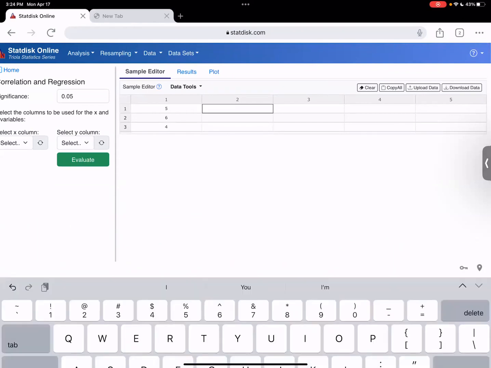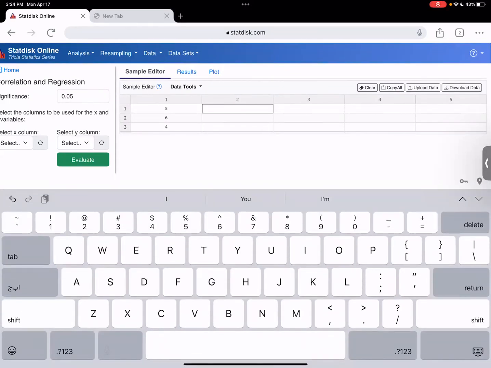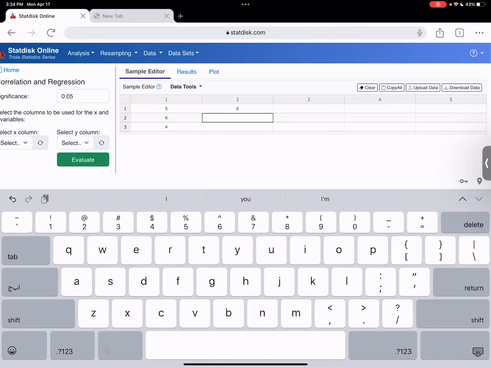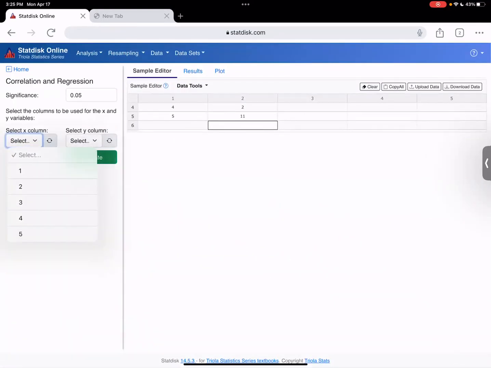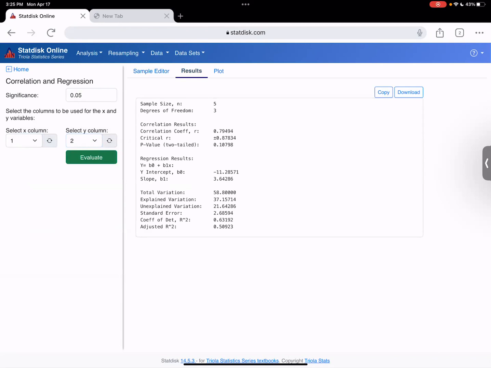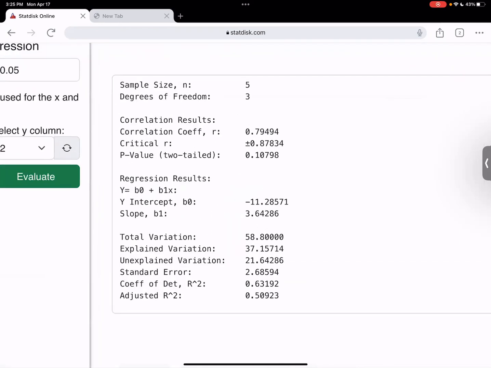And then the second variable, which is 6, 9, 3, 2, 11. Here, don't worry about this one; you can use 1 or 2, that's okay. So now these are the values.